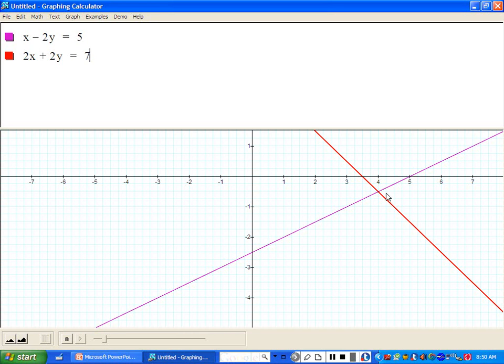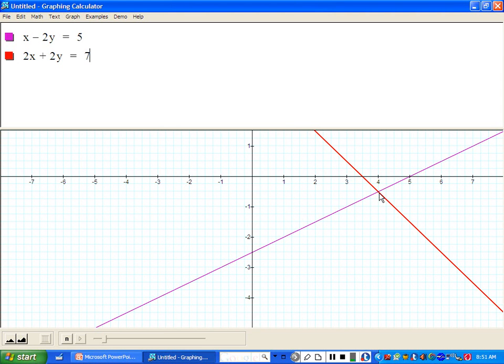Alright, so notice here the purple line represents x minus 2y equals 5. It has that purple box by it, and the red line represents 2x plus 2y equals 7. It has the red box by it.